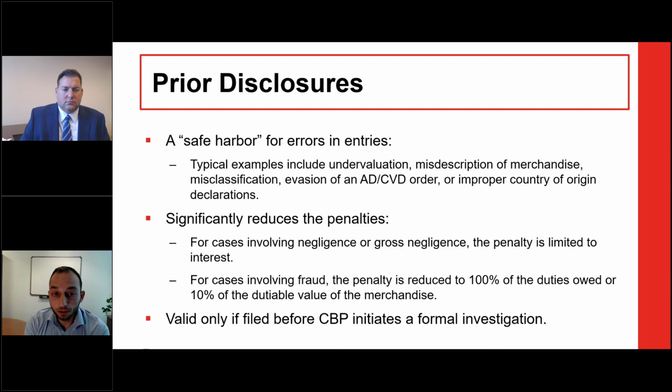They significantly reduce and mitigate the penalties that CBP may assess as part of a formal investigation. For example, for cases involving negligence or gross negligence, the penalty is limited to interest. And even if there is fraud involved, then the penalty is reduced only to 100% of the duties owed, or 10% of the dutiable value.